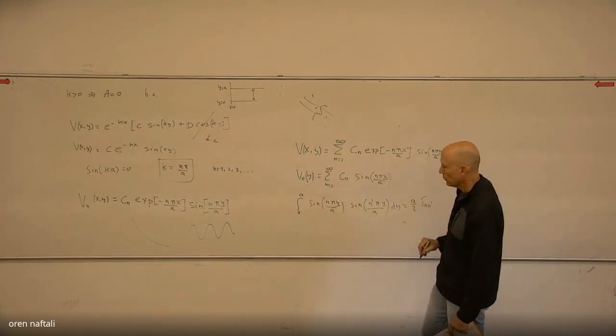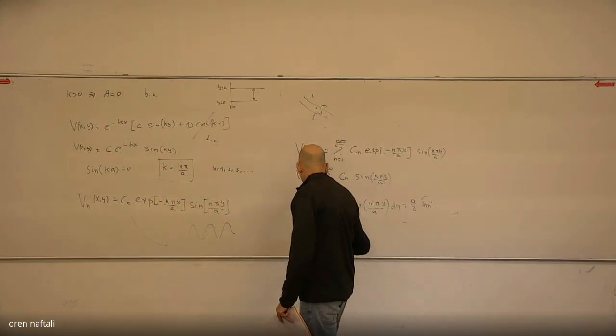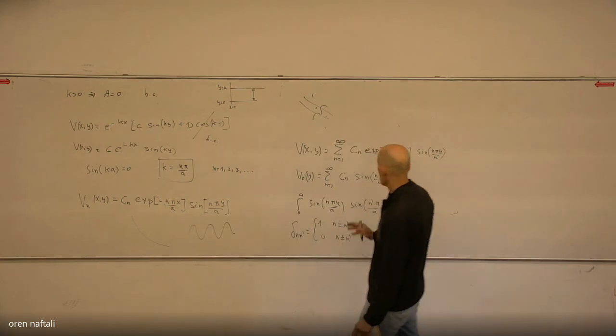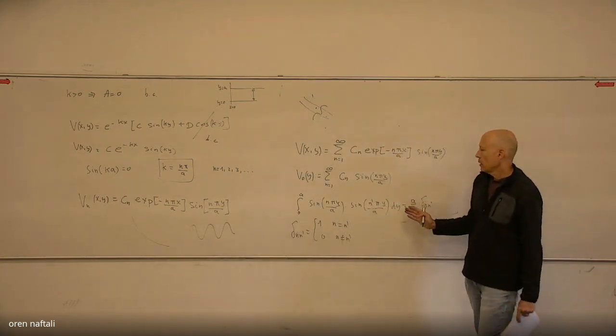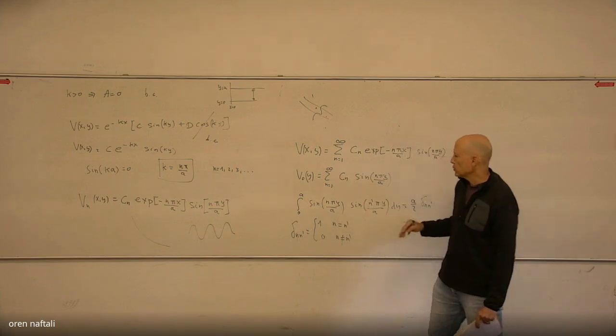This is the Kronecker delta. It's like a delta function: it equals 1 if n is equal to n prime, otherwise it's 0. This is what I call the orthogonality relation.